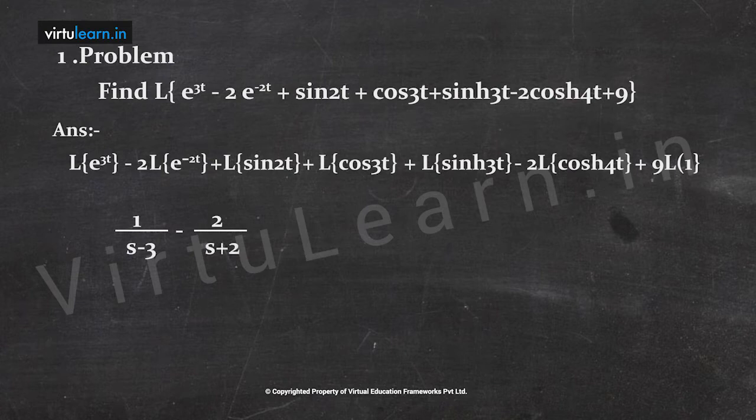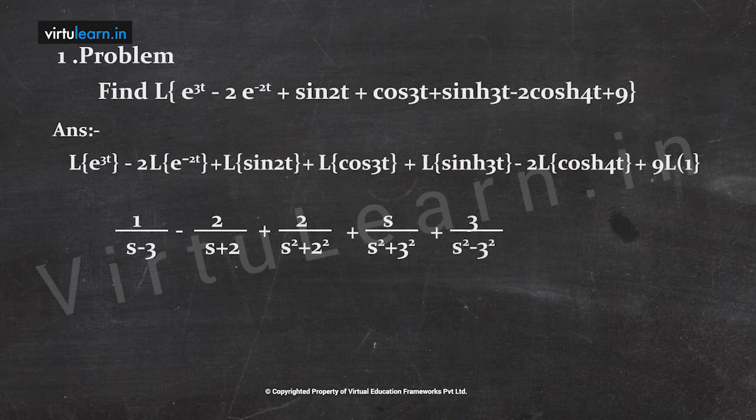Laplace transform of sin 2t, by the sin at formula, is a by s squared plus a squared, so in place of a we have 2: 2 by s squared plus 2 squared. Plus Laplace transform of cos 3t is s by s squared plus 3 squared, by the cos 3t formula. Sinh 3t again is 3 by s squared minus 3 squared, by the sinh at formula, a by s squared minus a squared.